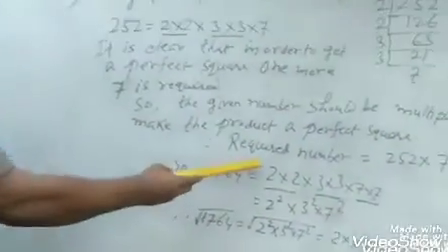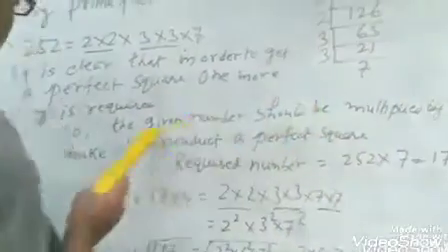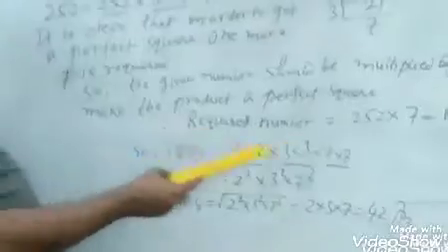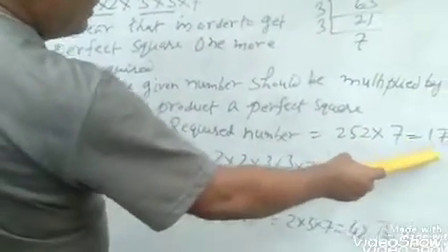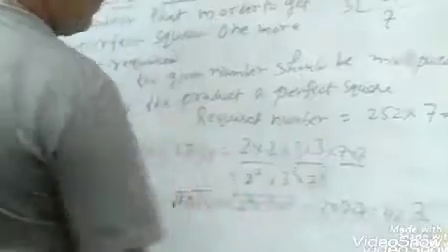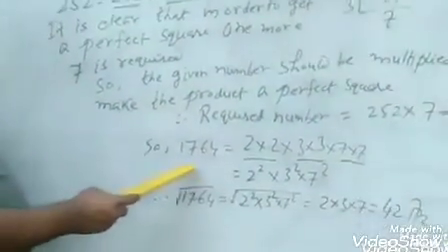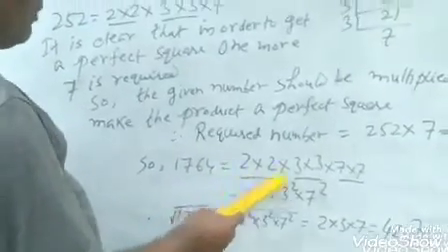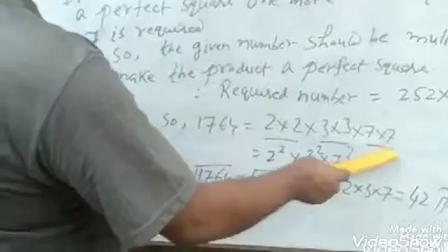So, required number is 7. That means 252 multiplied by 7, we get 1764. So 1764 by prime factor method, we get 2 into 2 into 3 into 3 into 7 into 7.